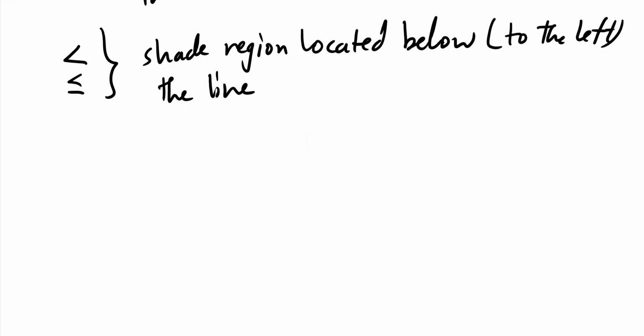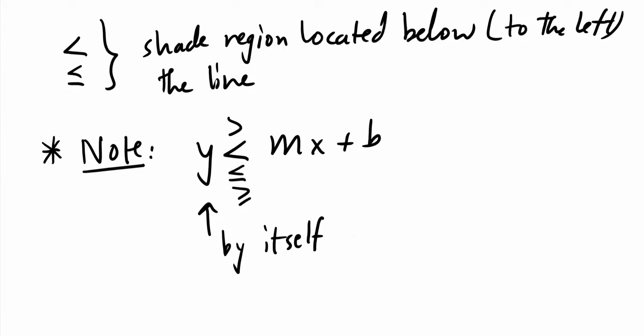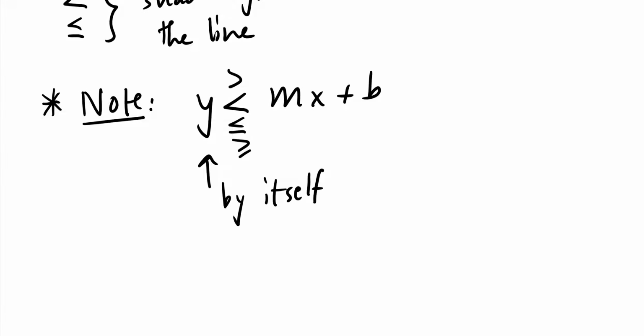Another thing you need to be careful about: when they give us an inequality to graph, make sure that it is written in the form y less than, less than or equal to, bigger than, or bigger than or equal to something, let's say mx plus p. So make sure y is on the left side by itself, with nothing else on the left side beside y. Always get y by itself first. So basically, solve for y.